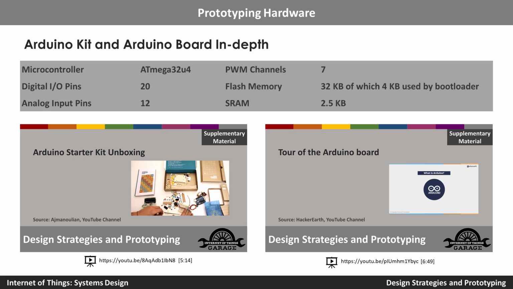You also have pulse width modulation pins, which are required by certain types of sensors and actuators. In each of these kits, there are different components they have put together, LEDs and different motors and stuff like that. Please go ahead and watch the 2 videos.